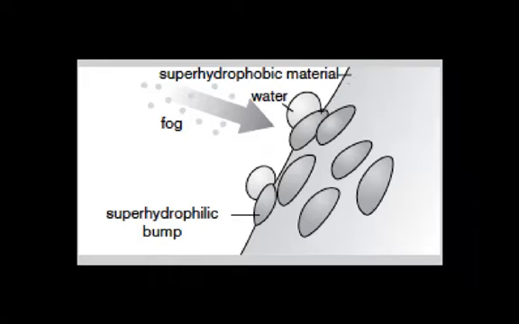She wants to create a flat surface, and on this flat surface there is a super hydrophilic pump, right? Hydrophilic, we said that it attracts water like this, and the flat surface will be super hydrophobic that repels water, all right?